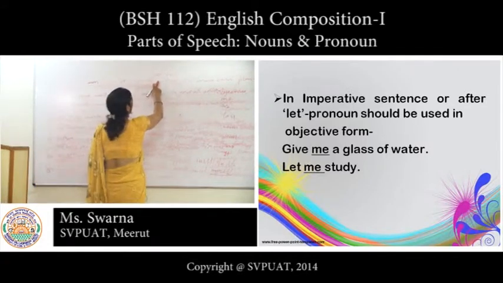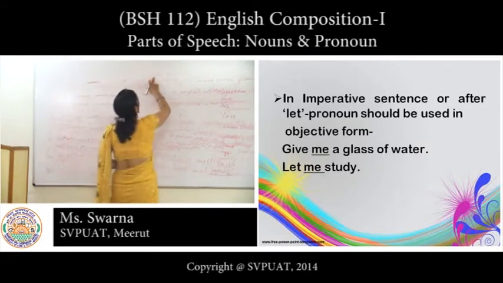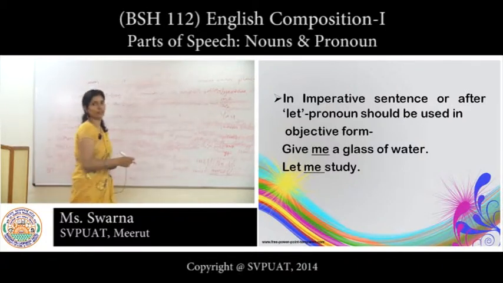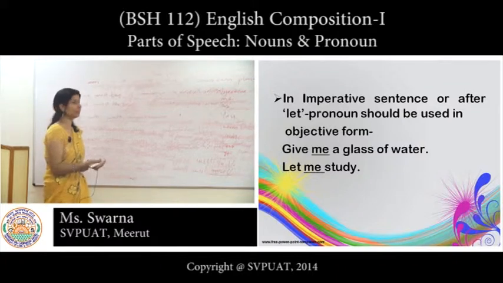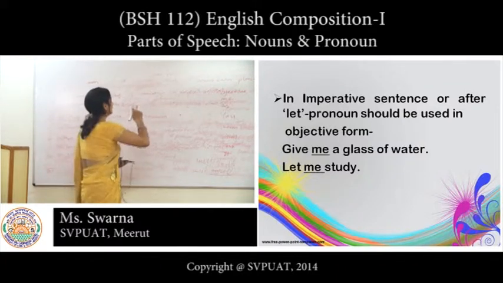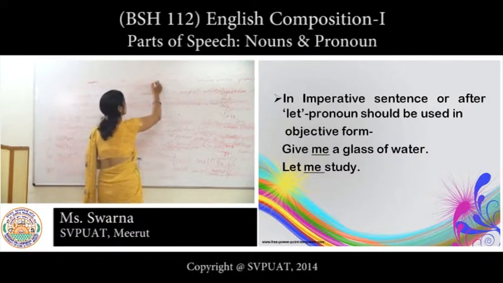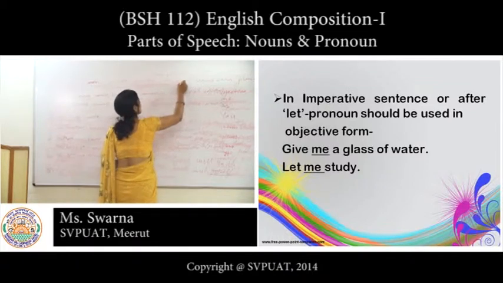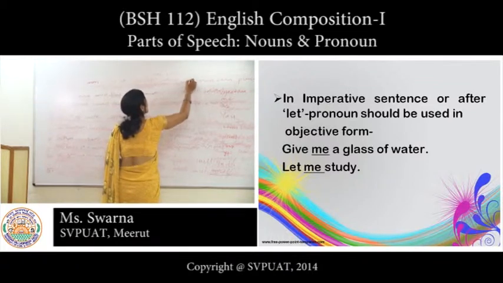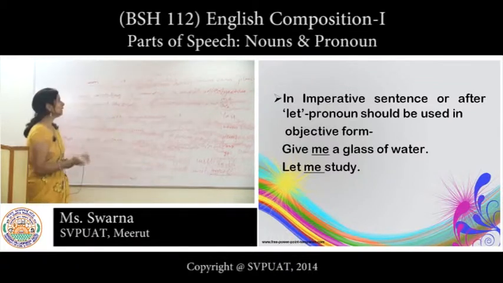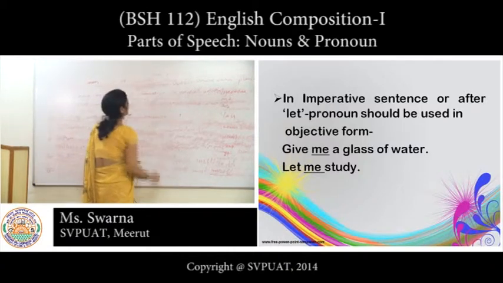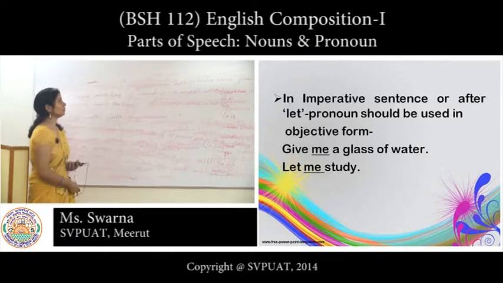In this sentence, I have used me, not my or I. So we should take this rule into consideration. And when we start the sentence with let me study, or let us play, let me leave alone, in this case we will use the objective case of the pronoun.